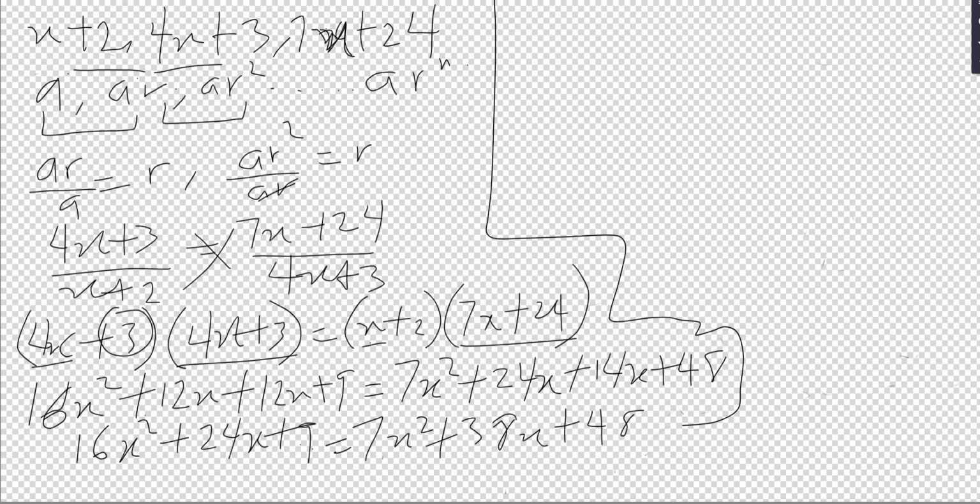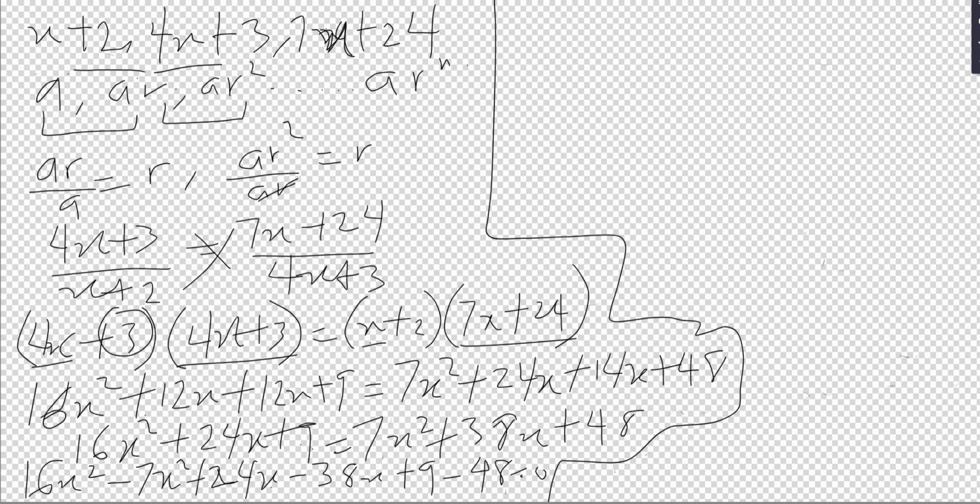So in this case now that we have this, we can easily do what I call collecting the like terms. We bring the 16x squared, we bring 7x squared beside it by bringing it inside. We also have 24x, we bring 38x beside it, and we also have 9, and we bring 48 beside it, all equal to 0.